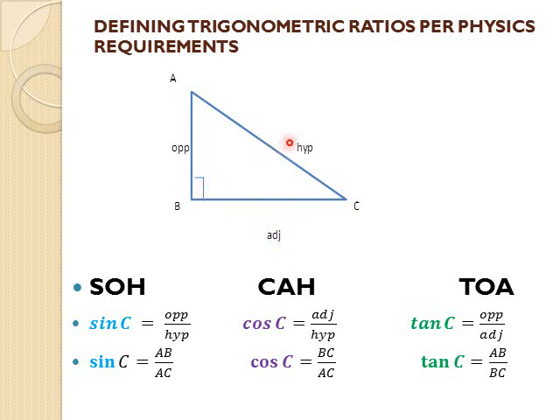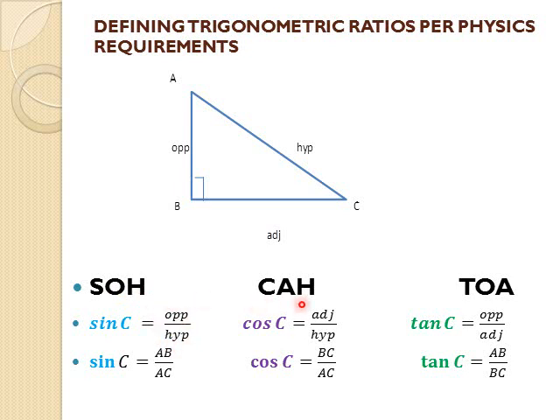The side opposite the 90-degree will always be my longer side, referred to as my hypotenuse. Right, so we need to understand that, or in short, we always say SOHCAHTOA. What do I mean with SOHCAHTOA? The sine of that angle, or any angle, will always be equal to the opposite side divided by the hypotenuse.